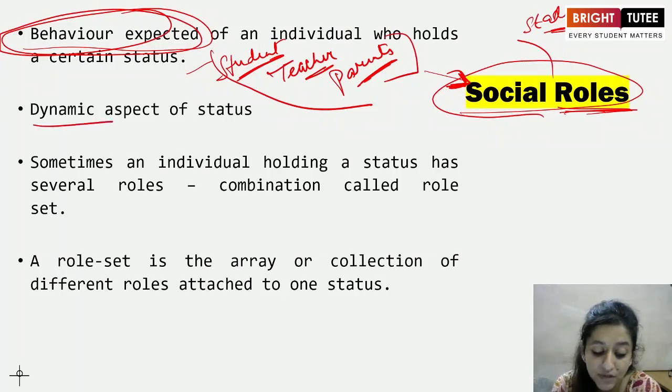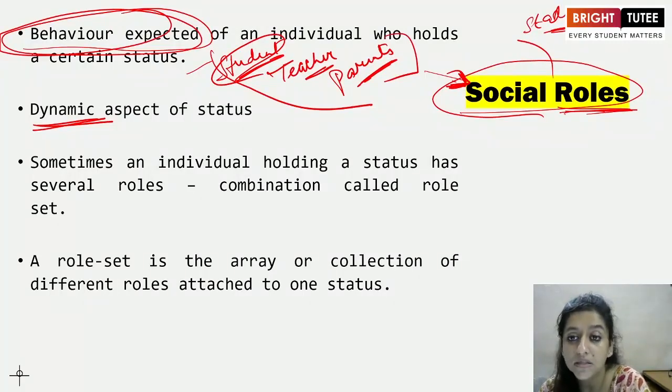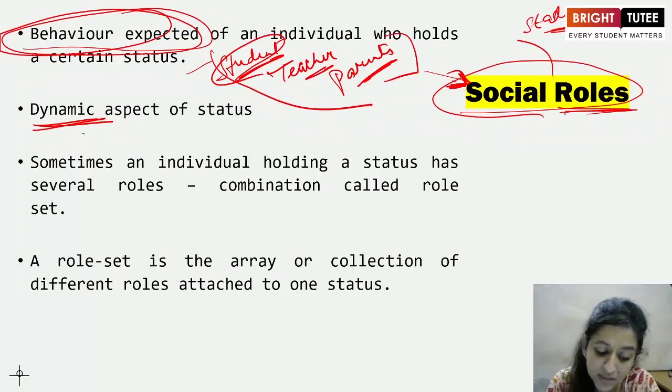It is one of the dynamic aspects of status. It may keep on changing very dynamically. You are present in the school as a student, and your social roles will be something else. You go home after completing your 8 or 6 hours of study, and the social roles expected from you as a son or a daughter will be something else. So it is a dynamic aspect by nature.